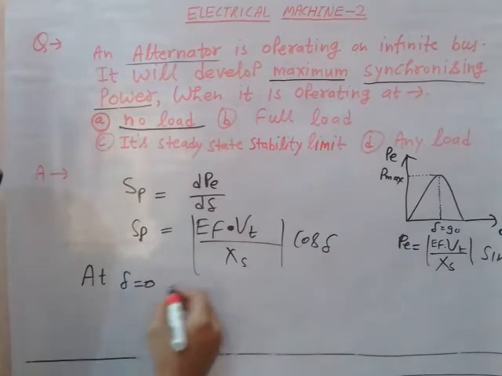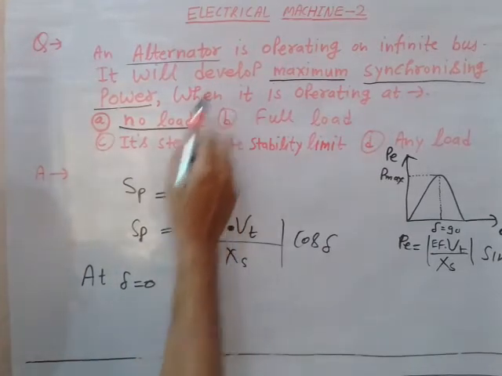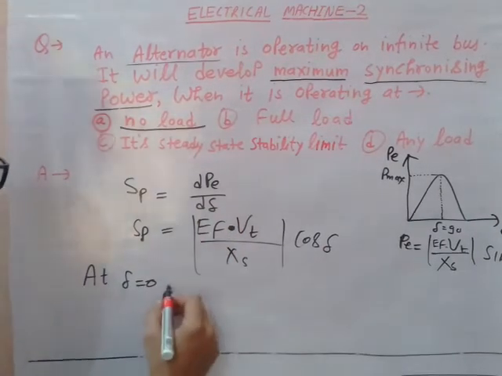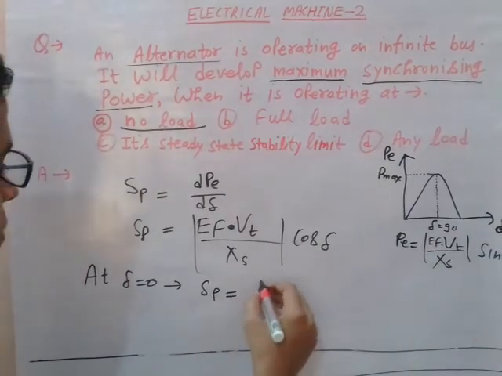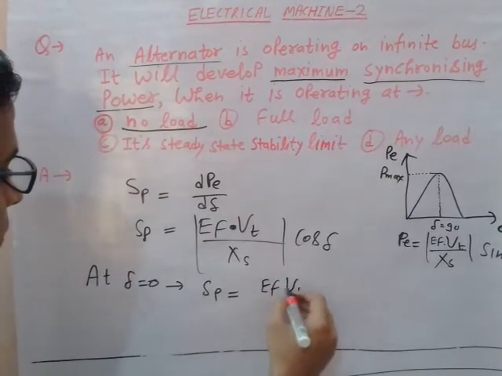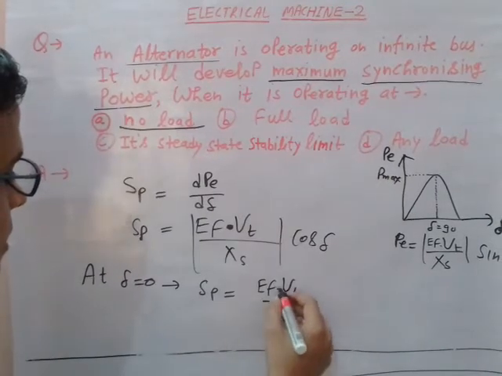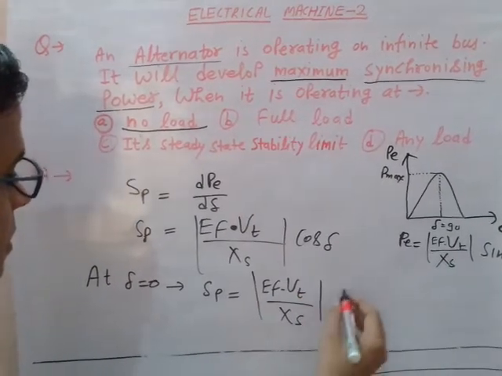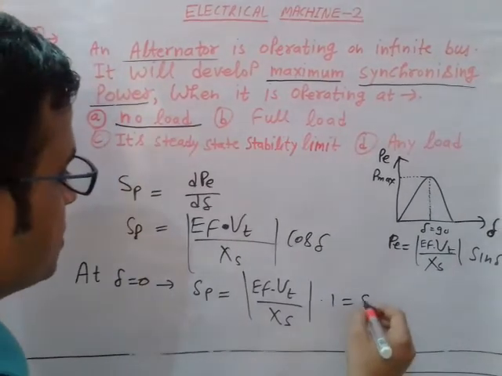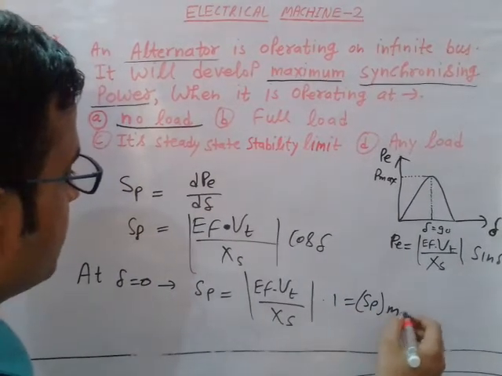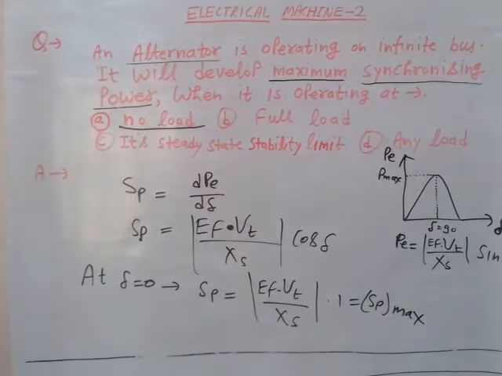So that's the best condition to synchronize the alternator. At delta equal to 0, the synchronizing power coefficient would be equal to EF Vt by Xs. Let me denote this maximum value by SP maximum, right?